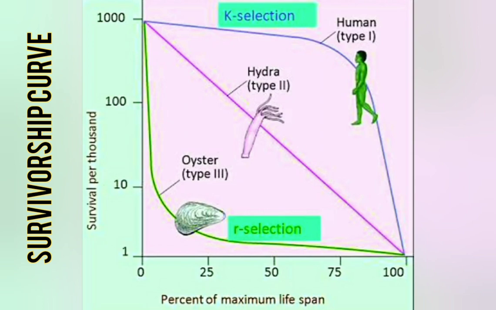Okay, in between you can see the straight line. This is the type 2 curve. This is known to have something in moderation.